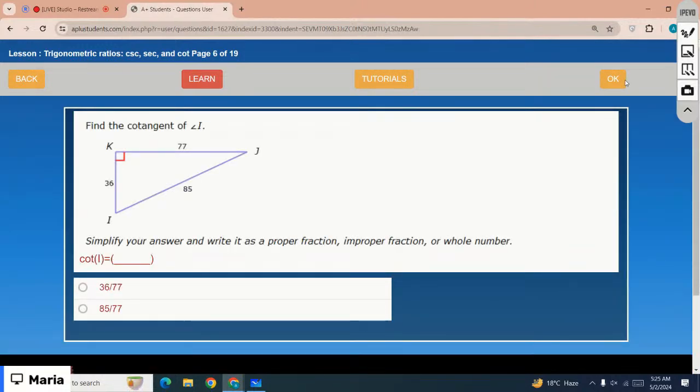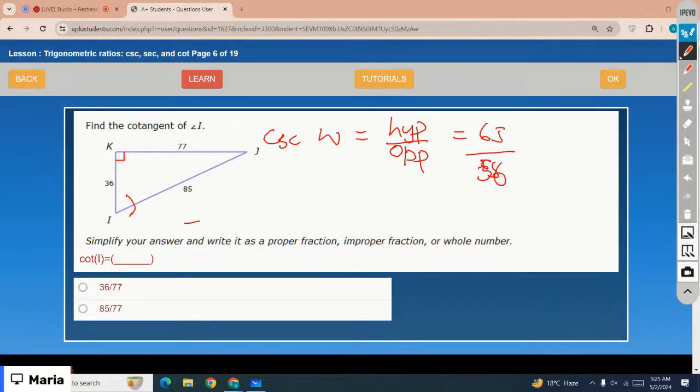Find the cotangent of angle I, which is the correct option. The correct option is cotangent of angle I, right?